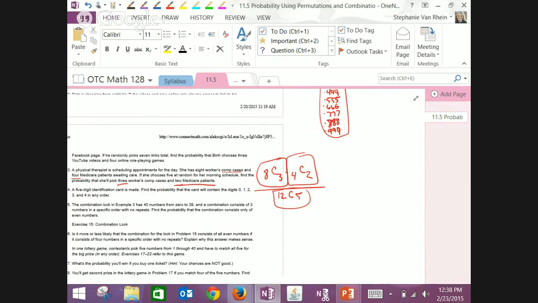So if you add this number and this number, you should get this number, and this number and this number should get this number, because you want to pick 5 total: 3 from this category and 2 from this category. You have 12 total, 8 of them are in this category and 4 of them in this category. It's a quick check that your numbers work out, visually, if you write it like this.